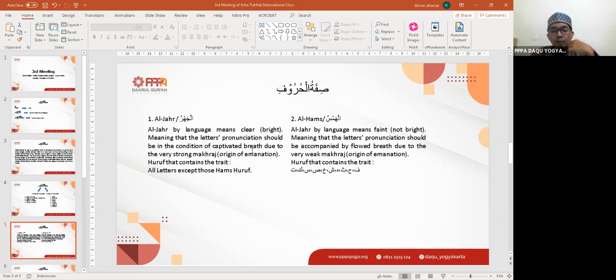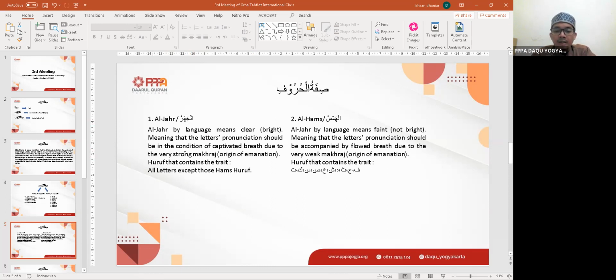So when you try to articulate the huruf al-jahr, the huruf hijaiyah which has the trait of al-jahr, you need to captivate your breath when you pronounce it, because al-jahr has a very strong makhraj.